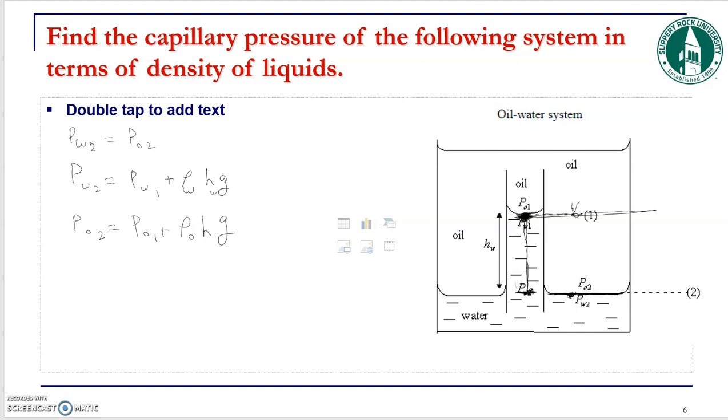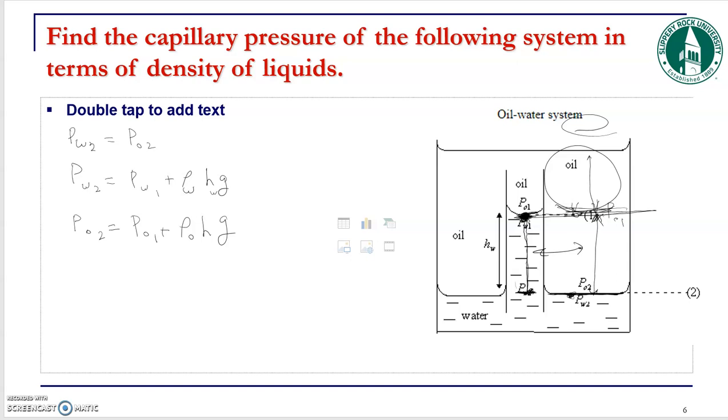So you can say that PO2 is equal to PO1 plus the hydraulic pressure of this height of oil, which is again exactly HW. That is this equation.